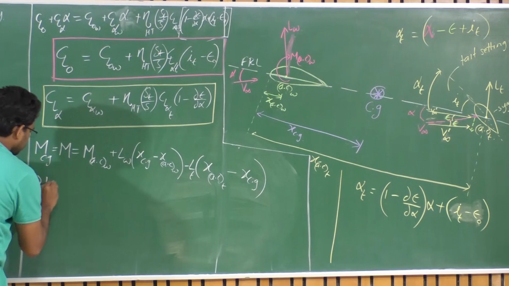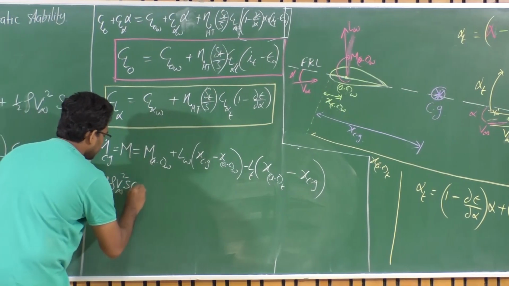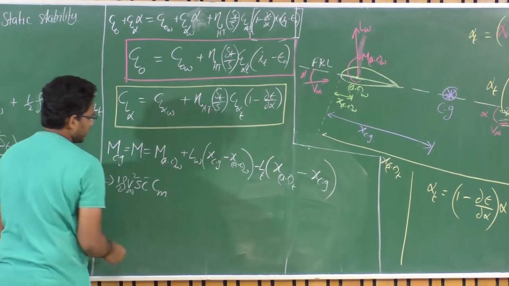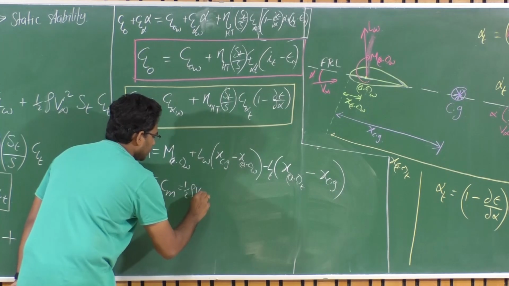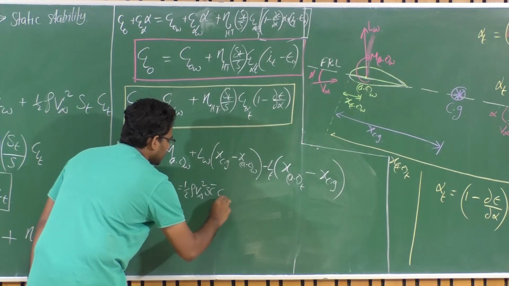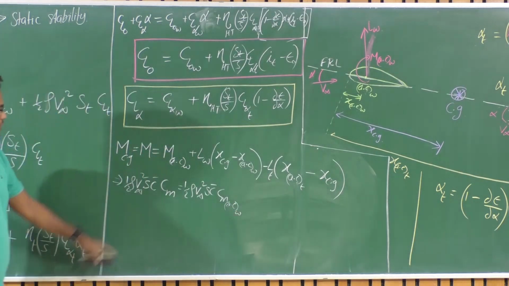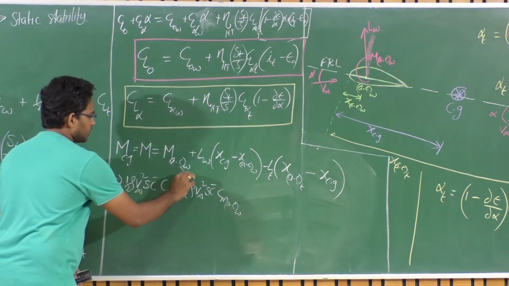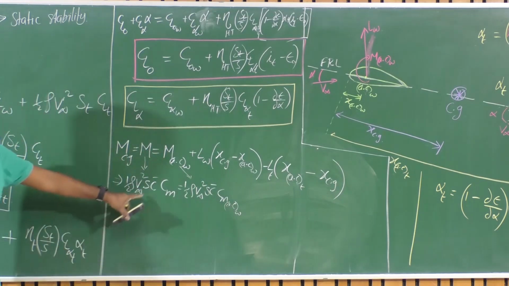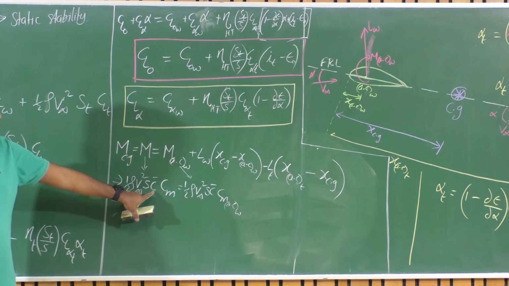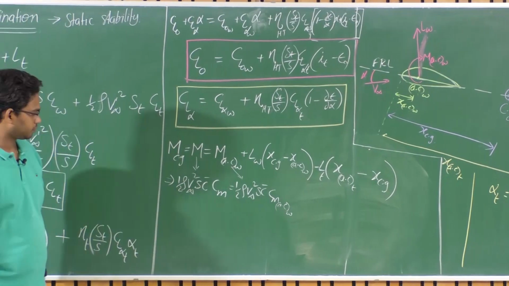So this equals half rho V infinity square S C bar times Cm of the entire aircraft, which equals half rho V infinity square S times C bar times Cm AC of the wing, right? This corresponds to the moment about the aerodynamic center, whereas the reference area is S and the reference characteristic length is the mean aerodynamic chord, C bar.